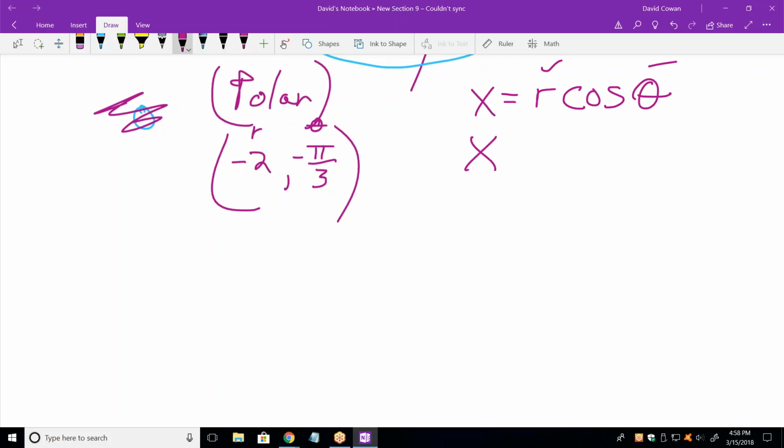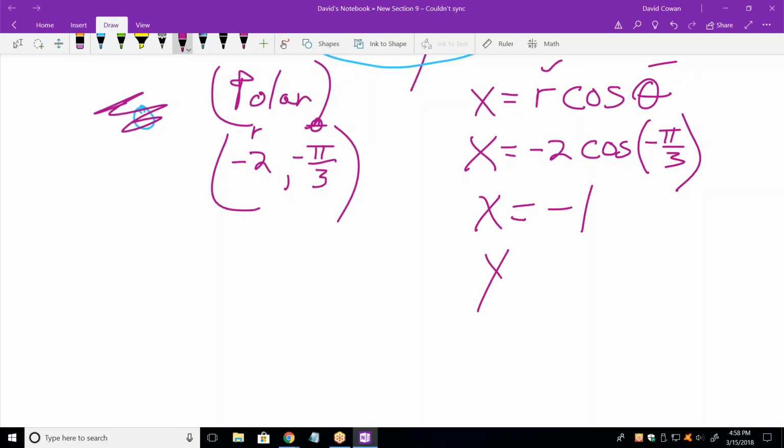So the x-coordinate is r, minus 2, times the cosine of minus pi/3. The cosine of minus pi/3 is plus 1/2. That's a 60-degree angle in the 4th quadrant. So plus 1/2 times minus 2, x equals -1. Y is minus 2 times the sine of minus pi/3.